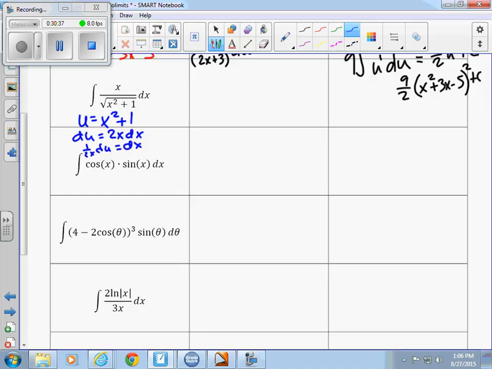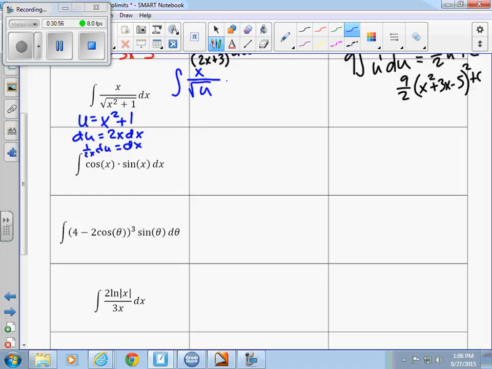Try again. When the derivative gets so complex that you know there's no way it's up there again, that's when you go, okay, let me pick a different piece. Does that make sense?